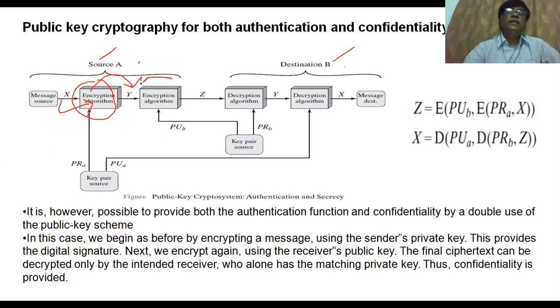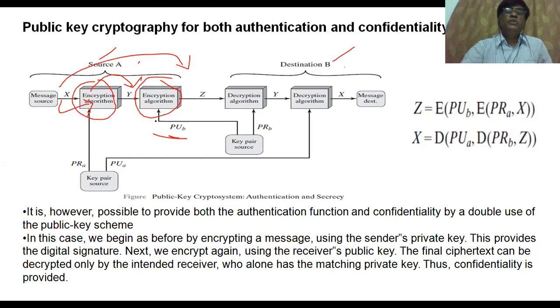Now again he encrypts the same Y, a second time encryption. He performs the encryption again on Y using B's public key. So this X is 2 times encrypted.